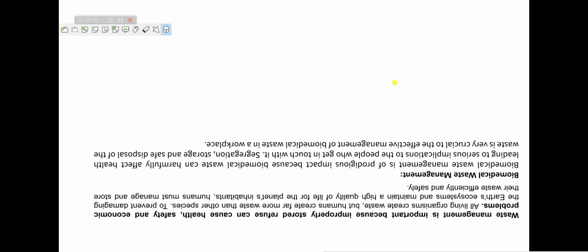It is unhealthy for them also. And always wear gloves while dealing with biomedical waste. This is very important.